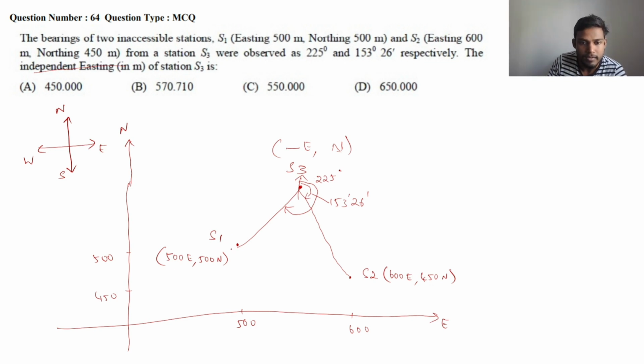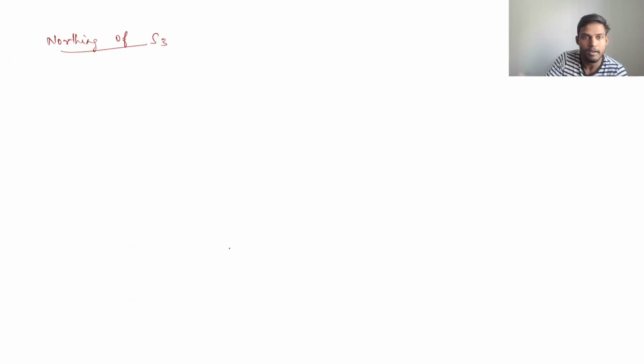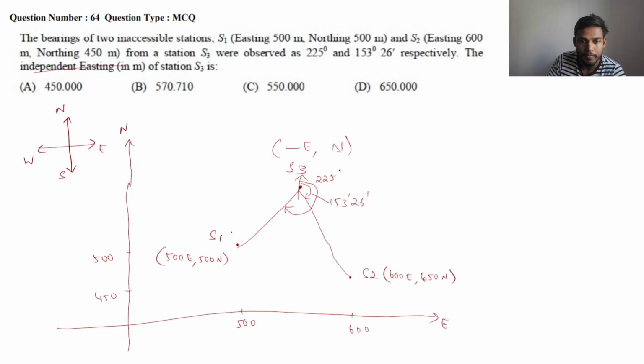So it is 500 meter north with respect to S1. Northing of S3 with respect to S1 is 500 meter plus 500 meter plus this vertical distance. So to find this vertical distance, we must know this angle.